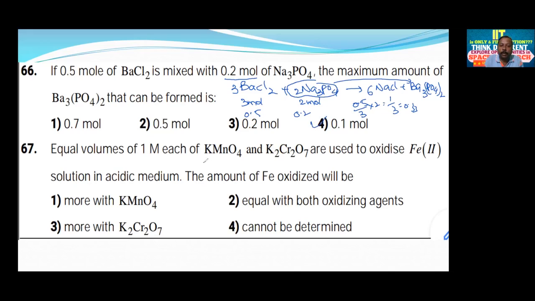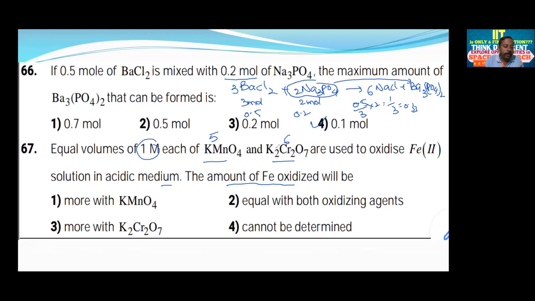Then equal volumes of KMnO4 and K2Cr2O7 are used to oxidize Fe in acidic medium. Then the amount of Fe oxidized, with equal volumes of 1 molarity each. See, actually here the equivalent factor is 5. Here the equivalent factor is 6.